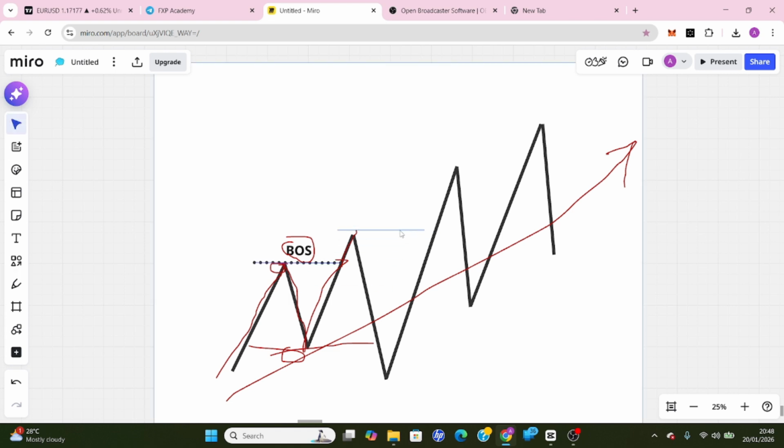You can see this place, break of structure, right? So this is what we use to know the direction of the market. Once there's a break of structure, you know that there's a trend that is active in that scenario. You understand? Vice versa for the bearish trend.